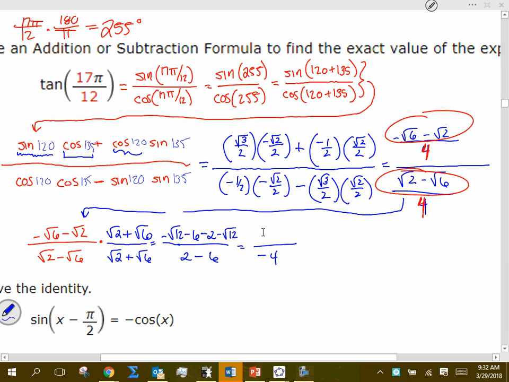So that ends up being, what is radical 12 the same as if I simplify that? 2 radical 3. So that's negative 2 radical 3 there. This is another negative 2 radical 3, right? So that means that my numerator becomes negative 4 radical 3 minus 8, right?